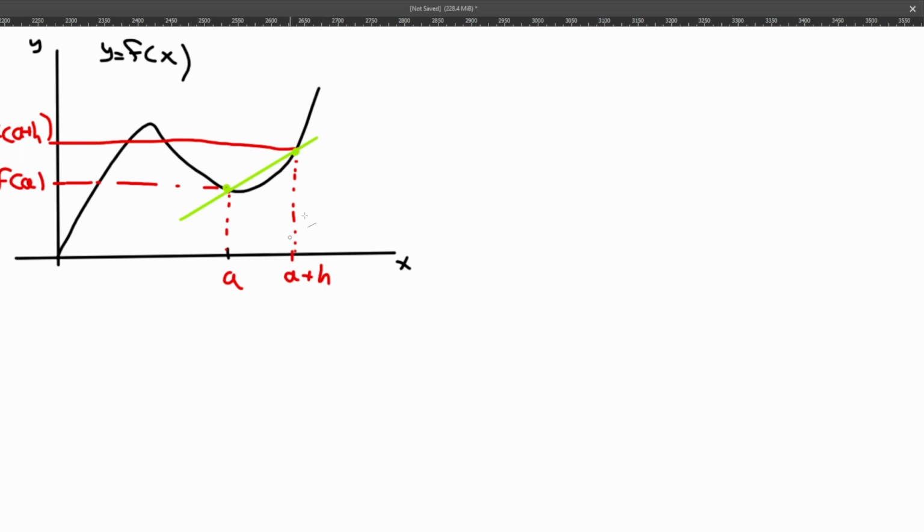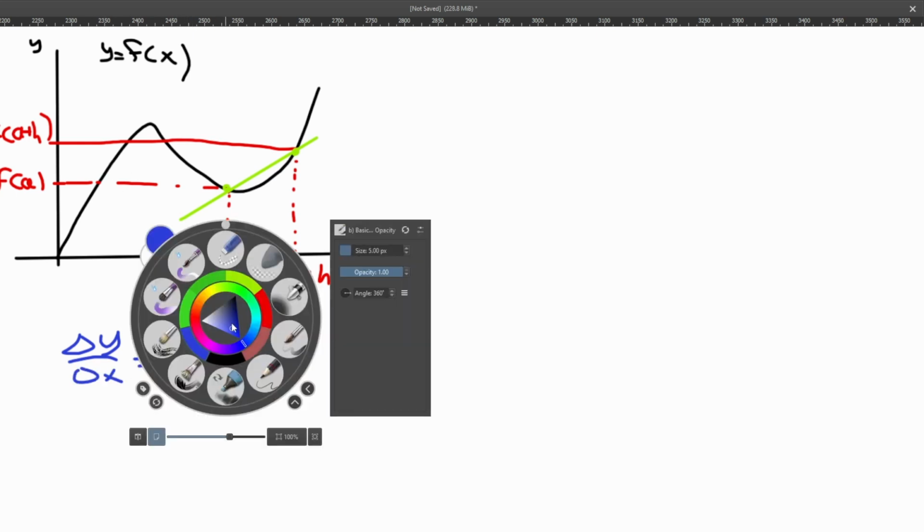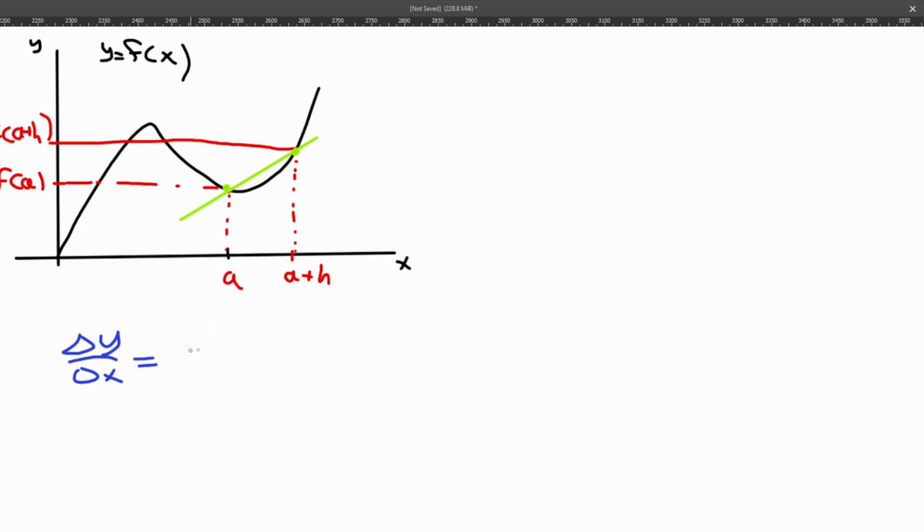The rate of change is going to be delta y over delta x, which is equal to f of a plus h minus f of a, and the change in x here is h, so divided by h.